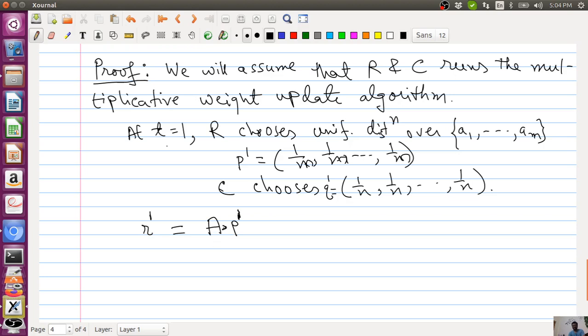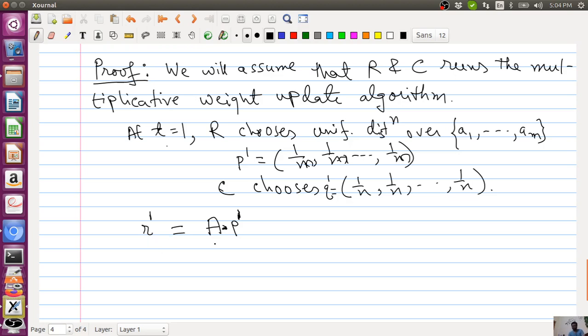So R of 1 is a function that maps a set of m elements to reals. So the value table of this function has m entries, so I can think of it as a column vector of dimension m.